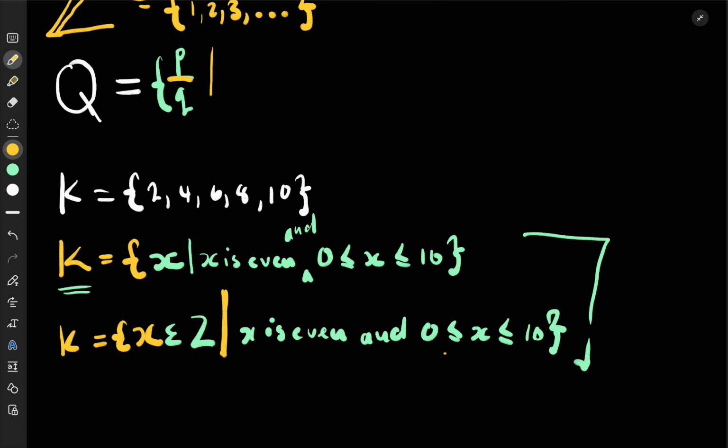Now I'll define to you such that P is an integer and Q is an integer. So rational numbers are made from fractions where the top, let's say P, is an integer, Q is an integer, and the last thing, Q is not equal to 0. This would be it.